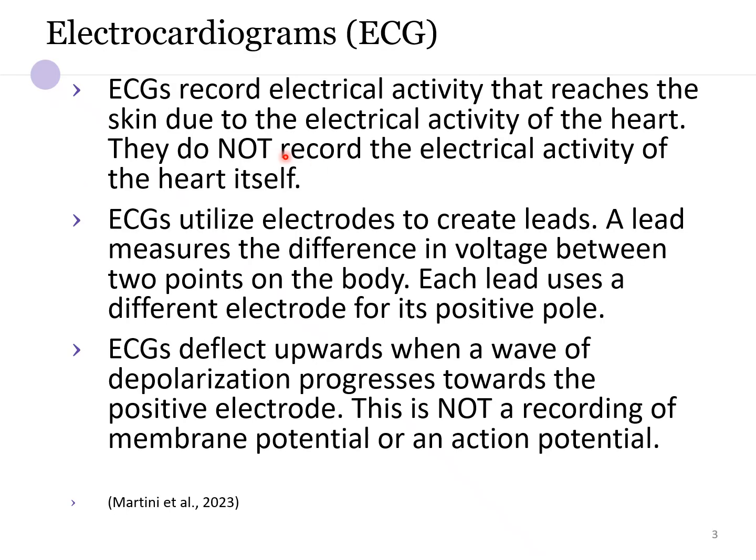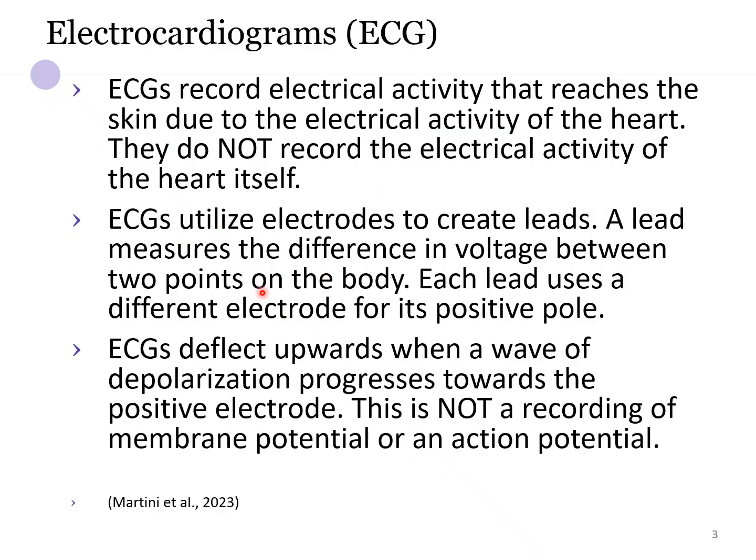So basically, ECG records the electrical activity that reaches the skin, due to the electrical activity in the heart. It does not actually record the electrical activity of the heart by itself, only whatever activity is reaching the skin.